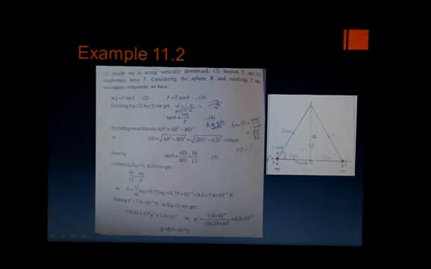In order to find Q, girls, we have to do some geometrical work. As I told you, the two spheres are suspended by means of threads, each of length 20 centimeter. So first of all, we come to the right angle triangle. You can see ABD is a right angle triangle, and in this triangle, let me first come to the forces involved in the figure.